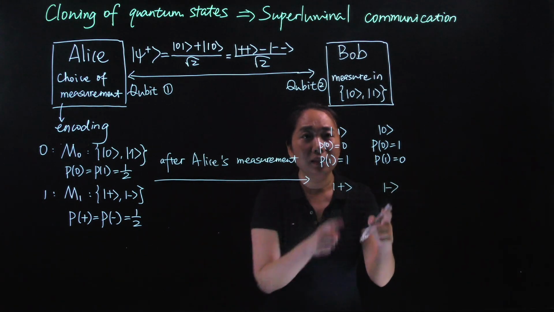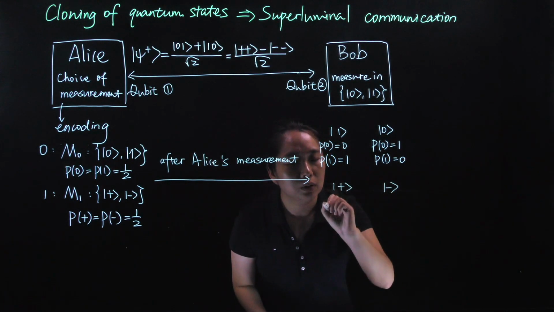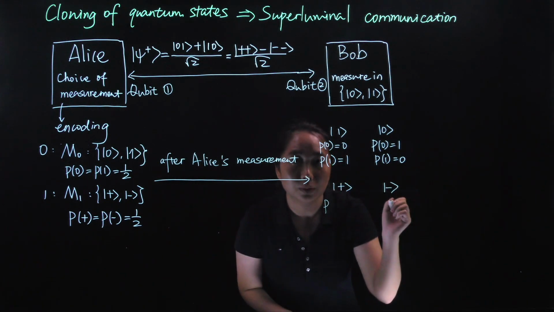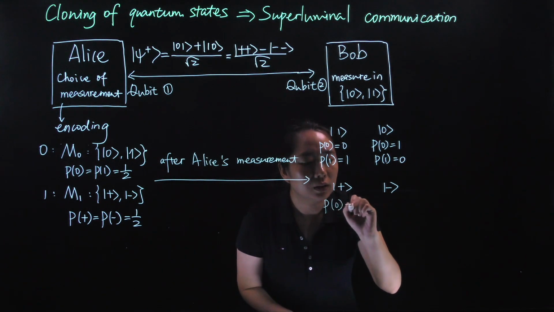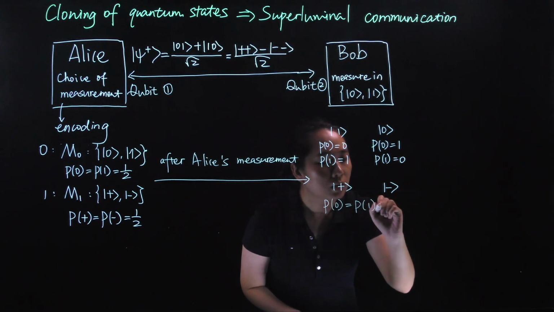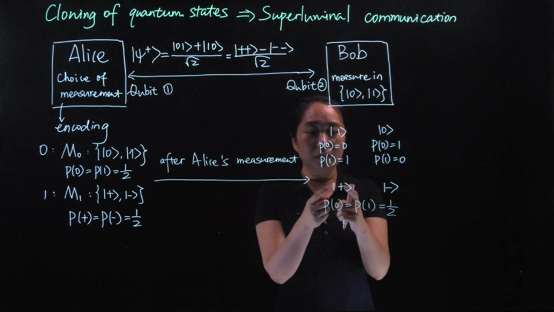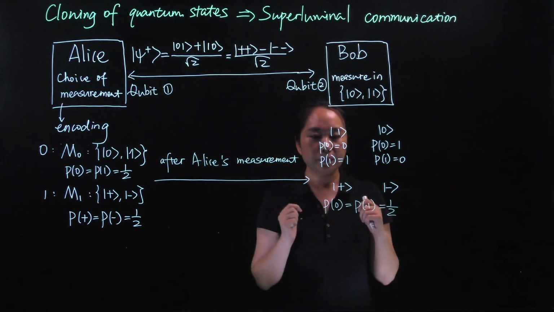In either case, Bob measures in the computational basis, so he would have a 50-50 chance to get 0 or 1. So here, P0 equals P1 equals 1/2. It does not depend on whether Bob's state is plus or minus. He will get the same probability.